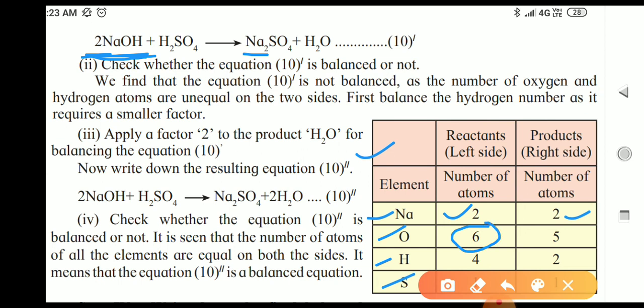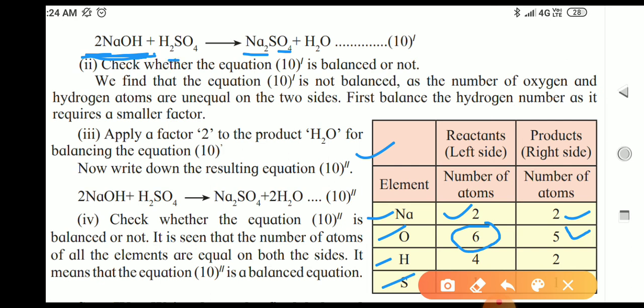Now count oxygen at the right side, the product side. Towards the right side, here SO4 has 4 oxygen, and in H2O there is 1 oxygen. So there are a total of 5 oxygens in the product side. So 6 and 5 oxygens. Then compare hydrogens. 2 is multiplied to all these atoms, so 2 hydrogens, and in H2SO4 again 2.